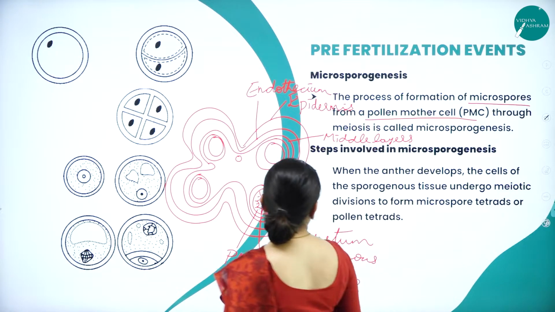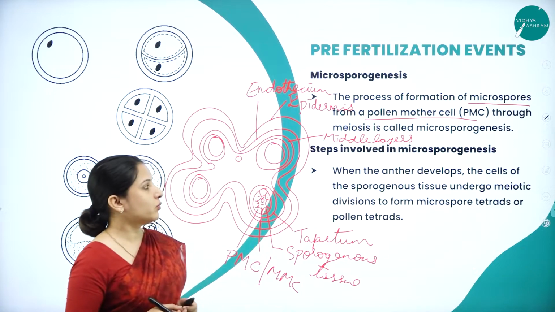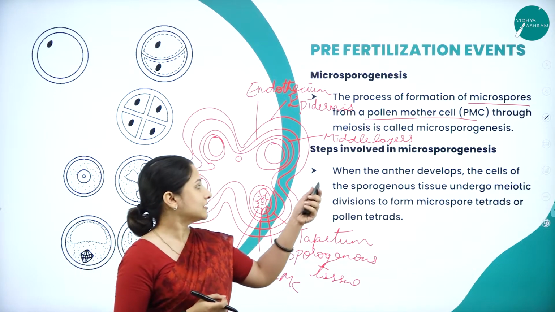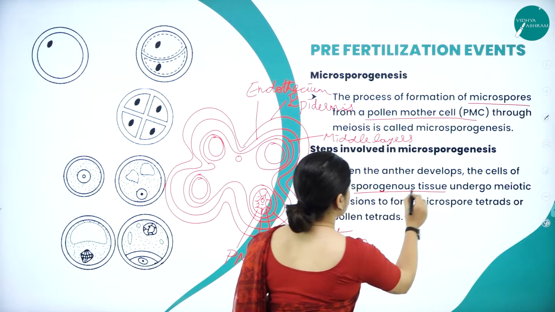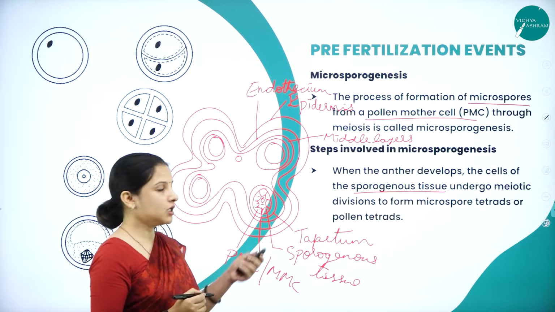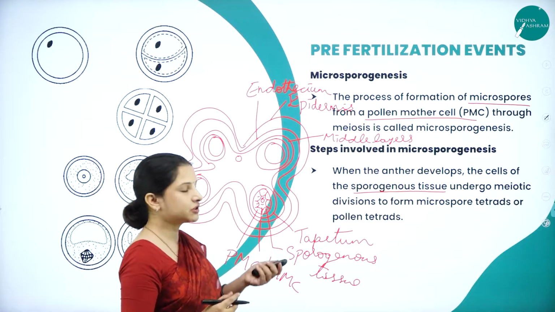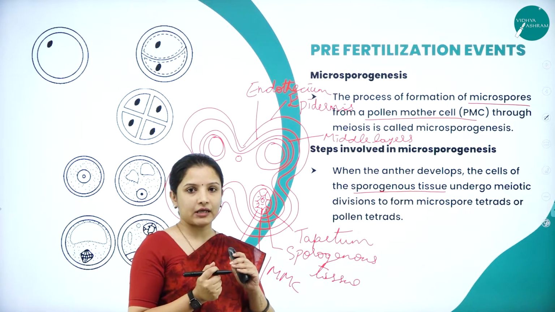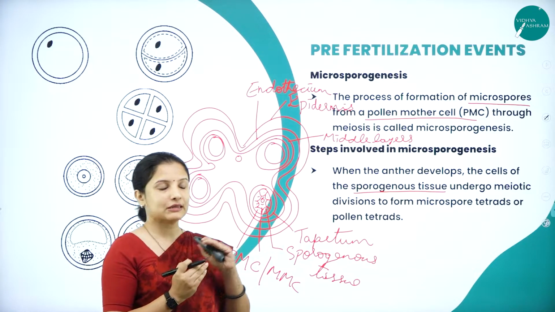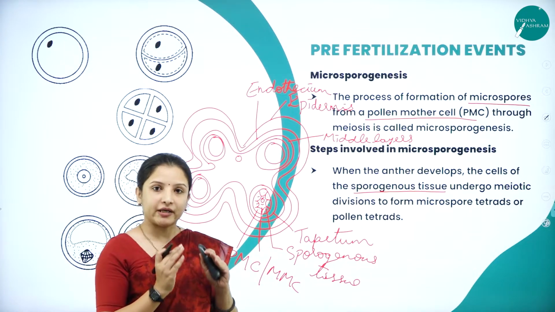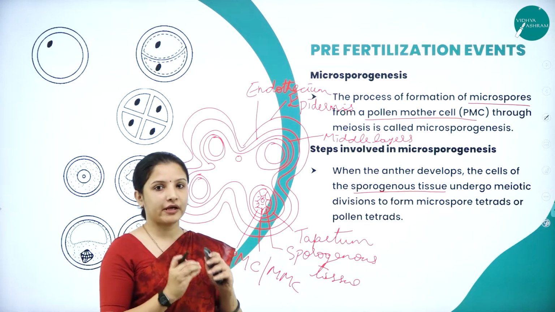We'll study now what steps are involved in microsporogenesis. You know that when the anther develops, the cells of the sporogenous tissue undergo meiotic division. That is what I have shown you here. When an anther develops, you take a cross section, or transverse section, of the anther, wherein you see the microsporangium.